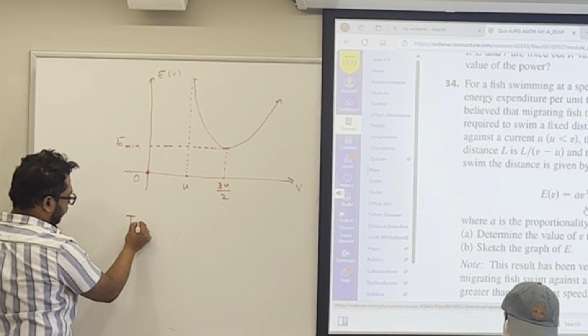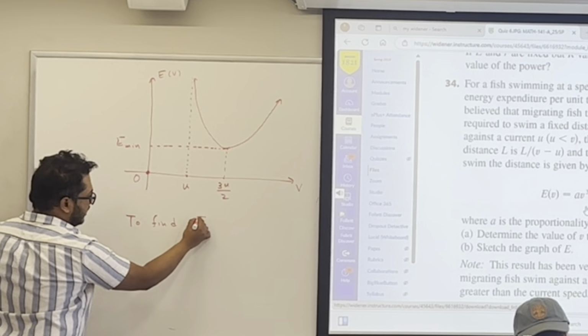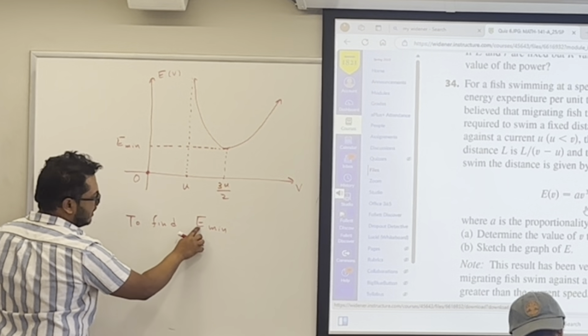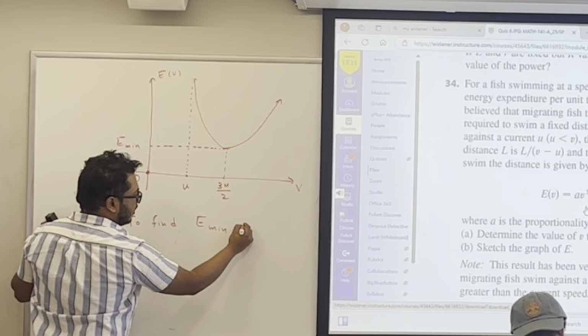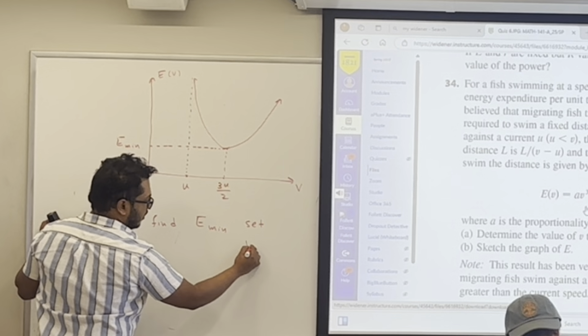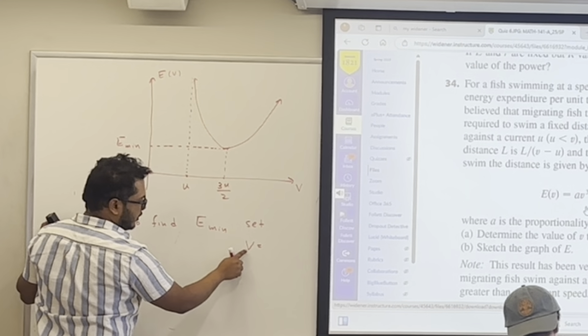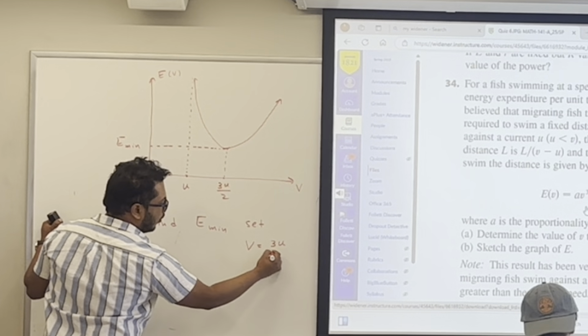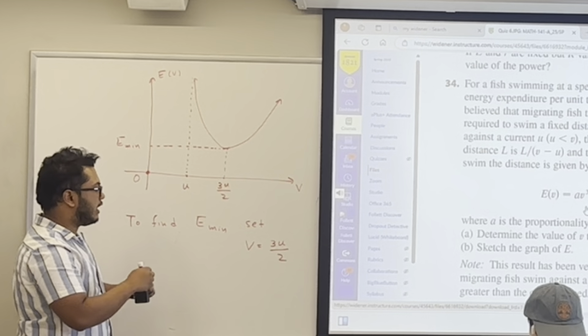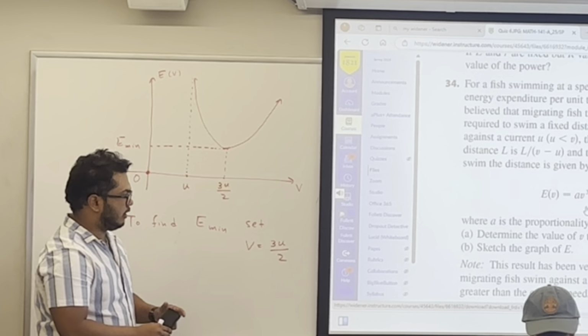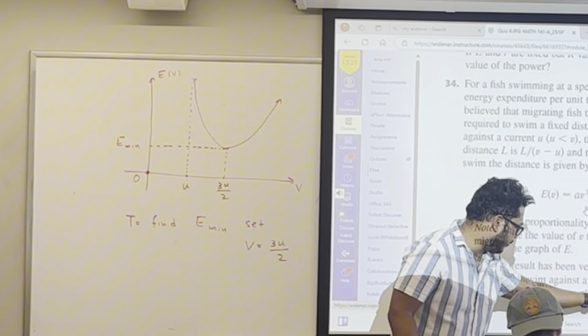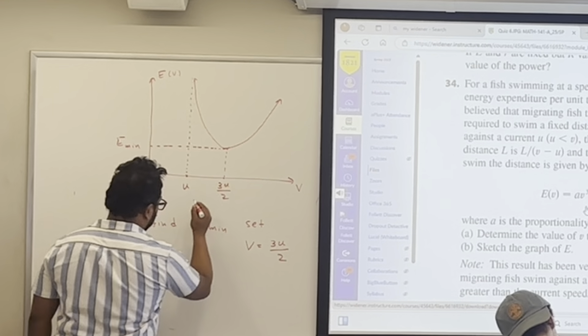Let me write it like this. To find the minimum energy, E min, set the velocity of the fish equal to 3u over 2. 3u over 2 is 50% more than the speed of the current. Okay? So I'm going to plug that.